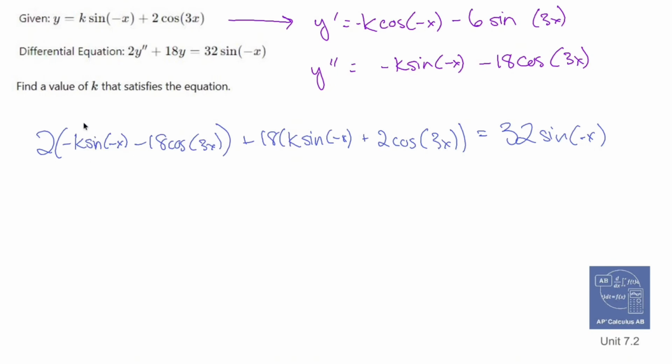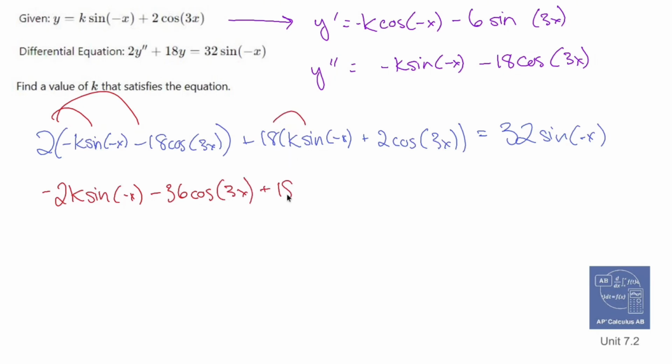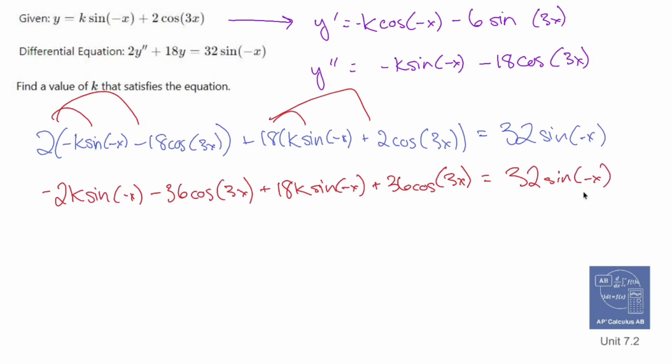All right, so let's distribute. Let's do a little bit of distributive property. Negative 2k sine negative x minus 36 cosine 3x plus 18k sine negative x plus 36 cos 3x equals 32 sine negative x.